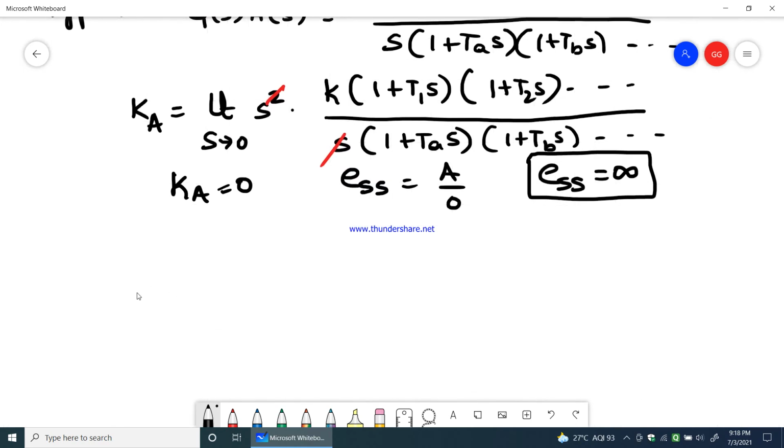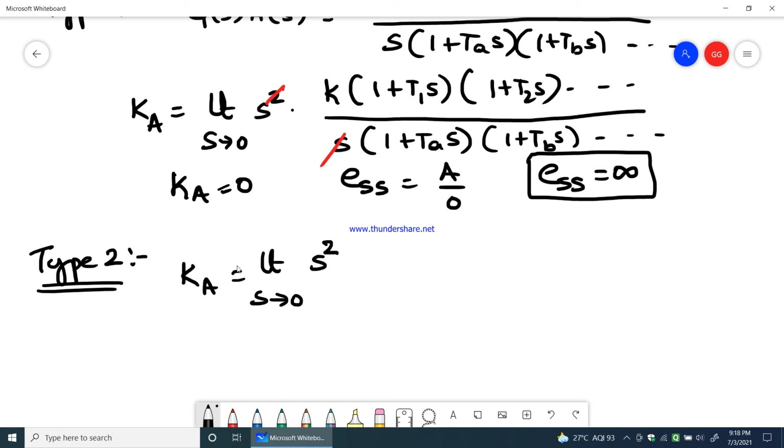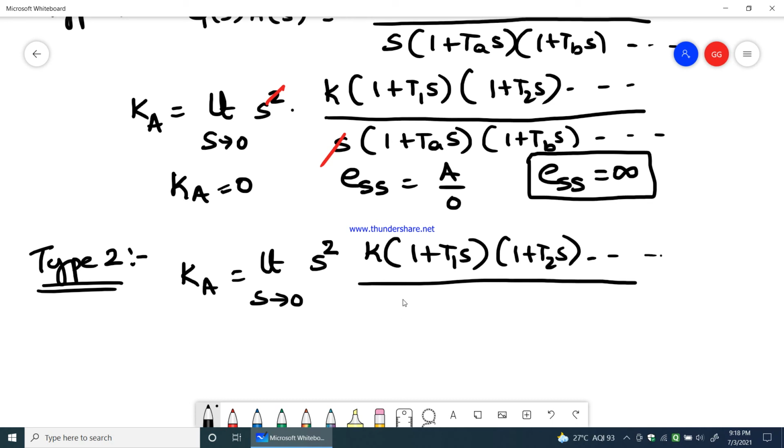Coming to type 2 system, I'll just directly write Ka for type 2: limit s tends to 0, s square into G of s into H of s. For type 2 system, it is K into (1 plus T1s) into (1 plus T2s), and so on, divided by s square into (1 plus Tas) into (1 plus Tbs), and so on.